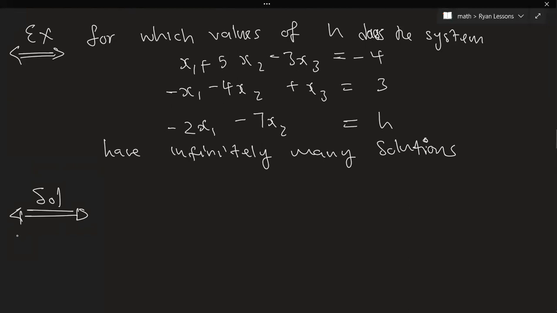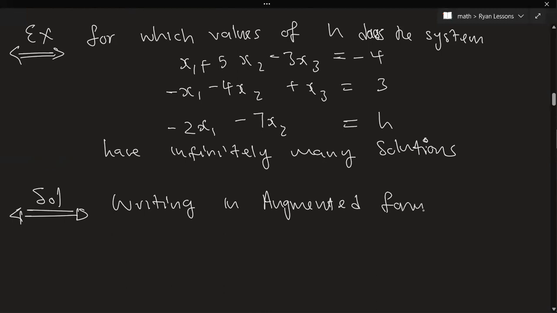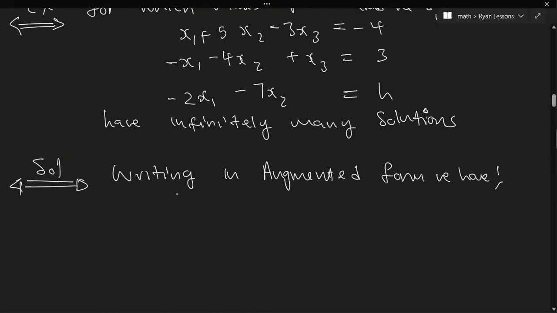I would put it in matrix form, and then do Gauss reduction to try and get it to its simplest form first. Yeah. So first thing, I will put it in augmented form or the matrix form, as you say.